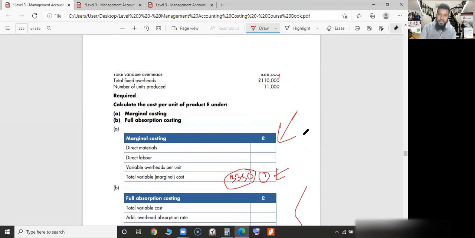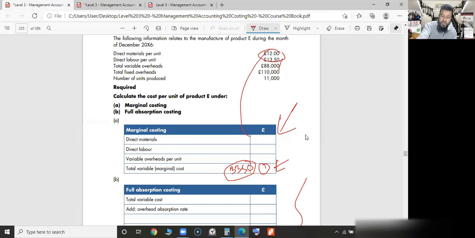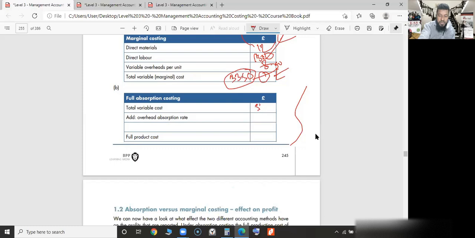You know, it's nothing but copy paste. 12 we have copied here, 13.5 we have copied there, and there was maybe 88,000 divided by 11,000, wasn't it? Yeah, 8. So that makes your 33.5, and that is your 33.5 here, and people found 10 there.